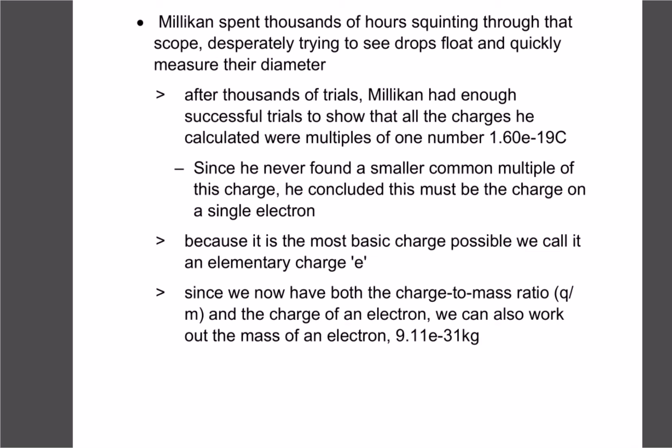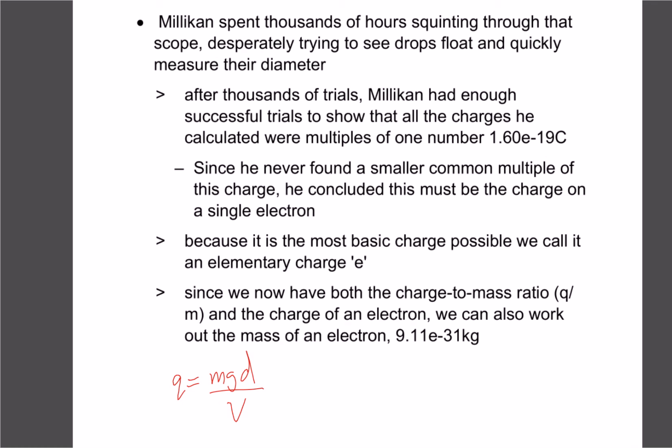From there, all he had to do was use that Q formula to figure out the charge on the oil droplet: mass times gravity times distance between the plates, divided by voltage, which gives Q. One interesting thing was that as he did this experiment over and over, depending on the size of the droplet and the voltage, the charge was always some multiple of 1.6 times 10 to the negative 19.